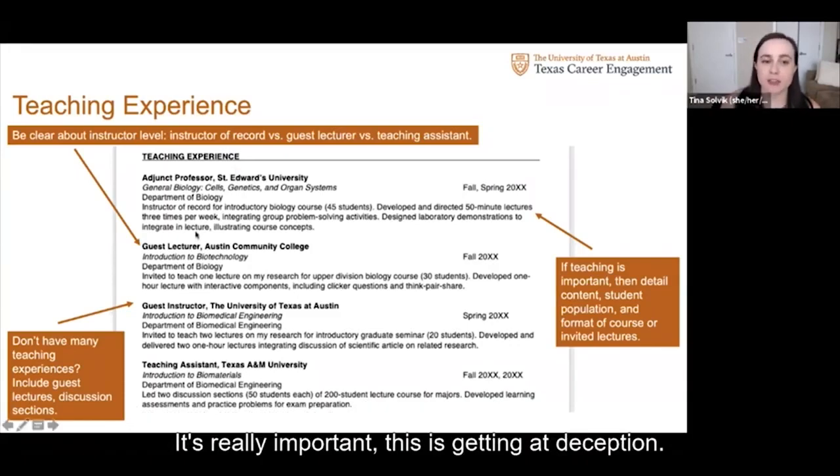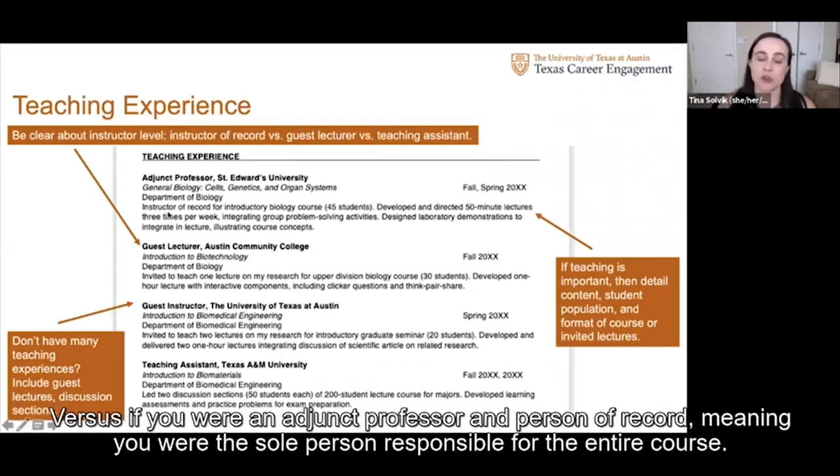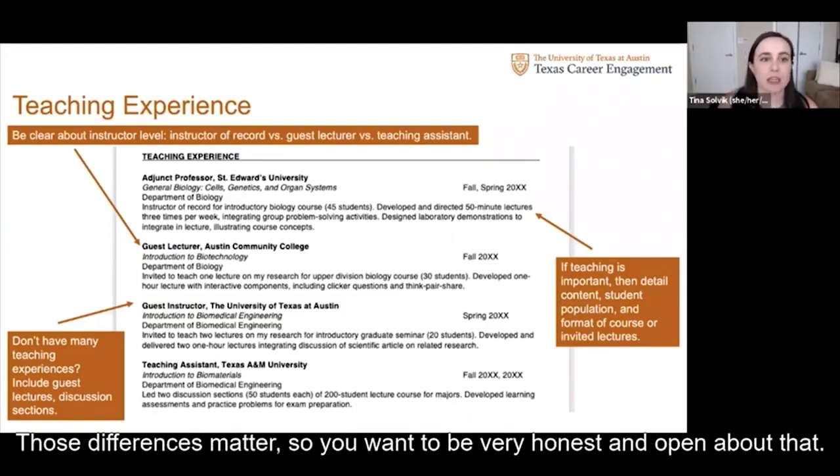If you were a guest instructor, make that clear and say you only taught 2 lectures, versus if you were an adjunct professor and the instructor of record, meaning you were the sole person responsible for that entire course. Also, as a teaching assistant, did you lead a lecture or a discussion section? Make those differences matter, and be very honest and open about that.